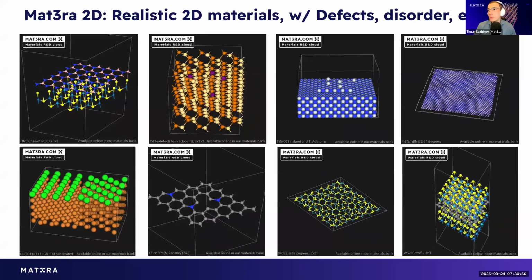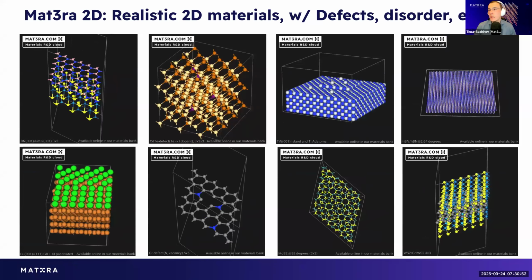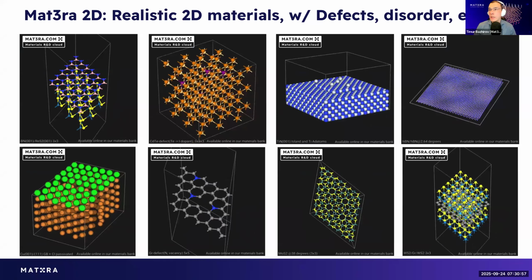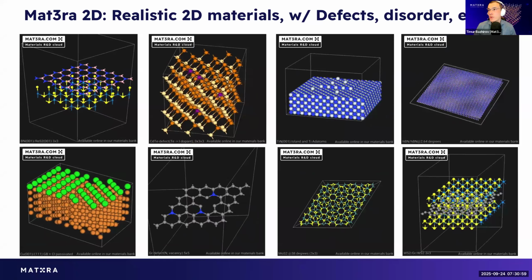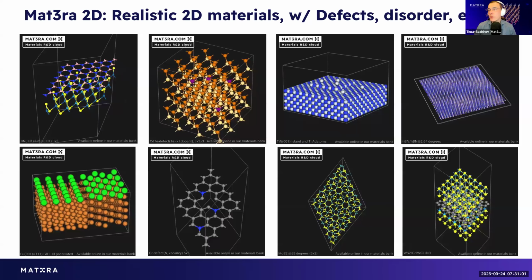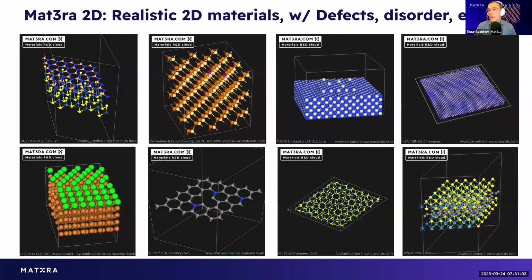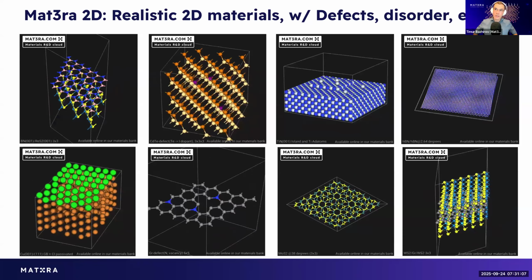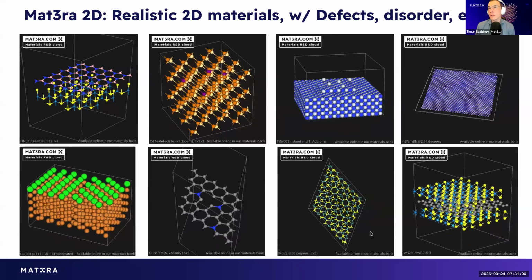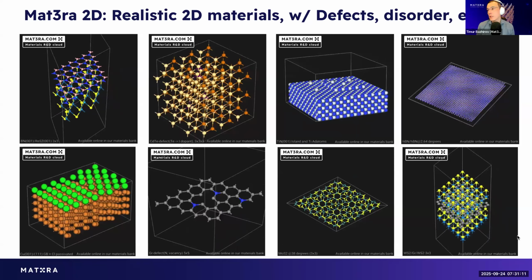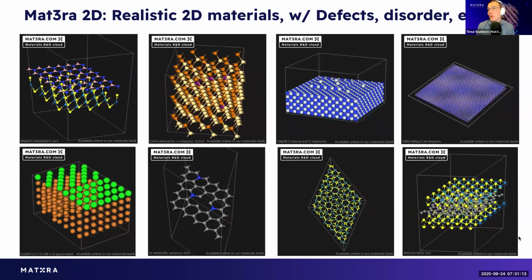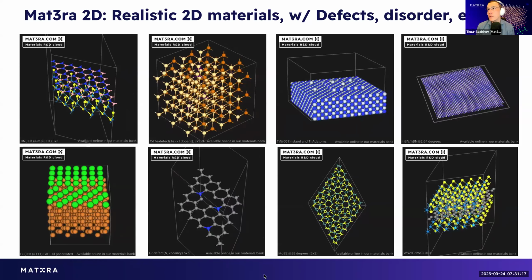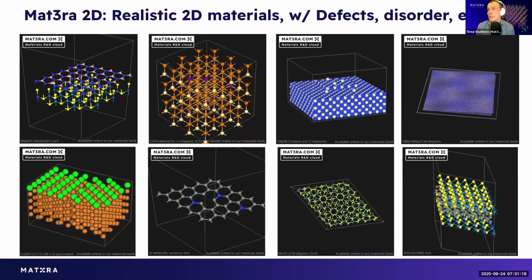And all this capability we've named Mat3ra 2D. And today Seth is going to tell you about some of the basics of our approach, the layout of the code base, what's possible, how you can design things like moly-sulfide, graphene, surfaces, including defects, including some realistic features that we have to deal with when we need to study two-dimensional materials.